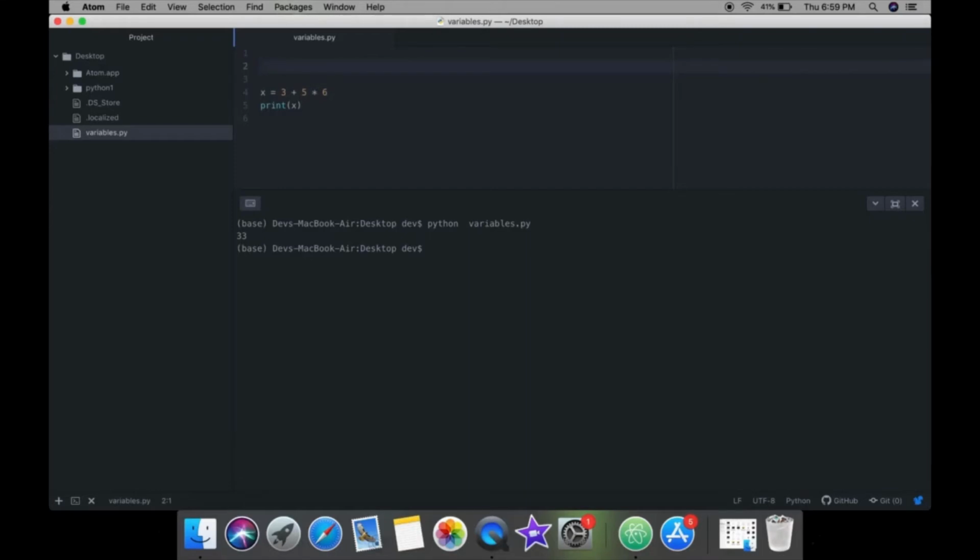We will learn about the operators in the next module, but before that we have something known as arithmetic operators, which include some basic operators like plus, minus, multiply, that is shift 8, and divide, that is this backslash symbol.